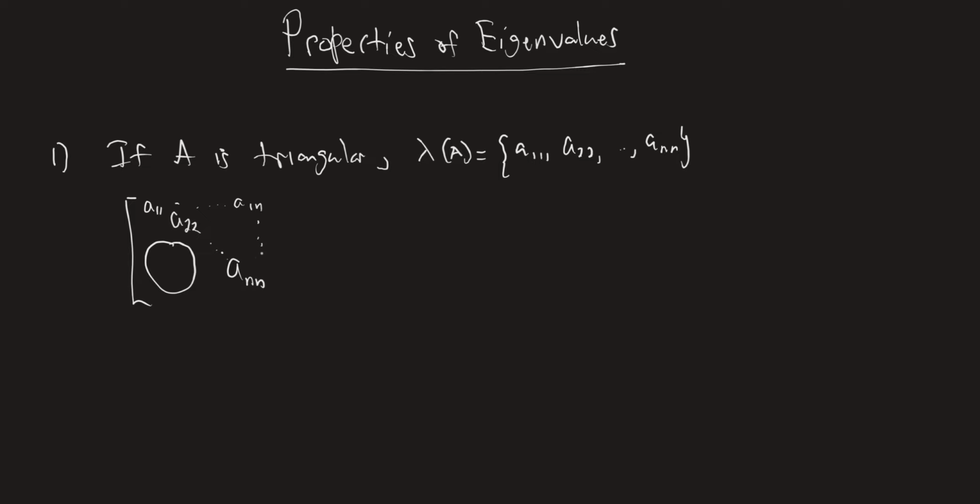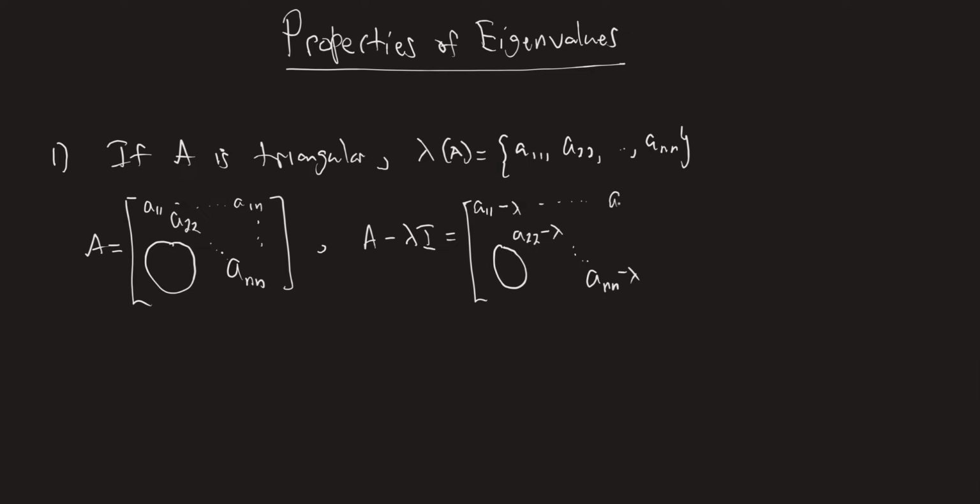This will be our A. Then if we do our A minus lambda I, we end up having A11 minus lambda, then A22 minus lambda, all the way down to ANN minus lambda. You'll still have your zeros there, and all the entries above the main diagonal will remain the same, because from those entries you're just subtracting 0.